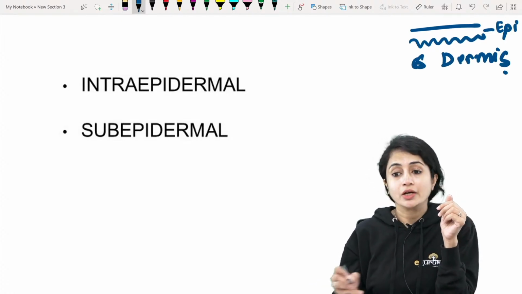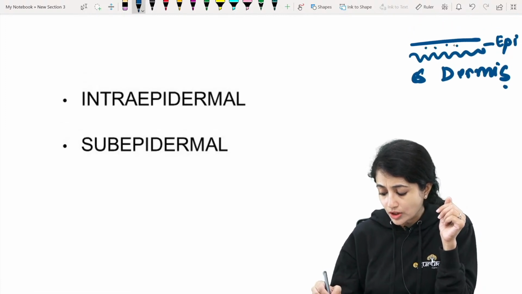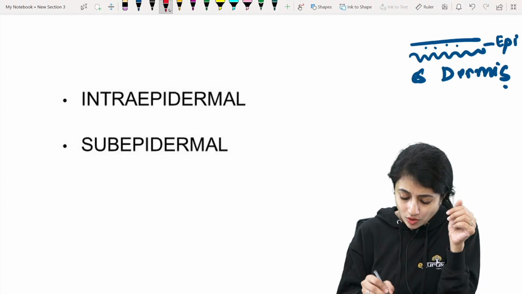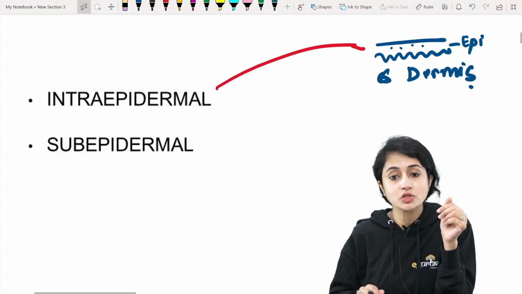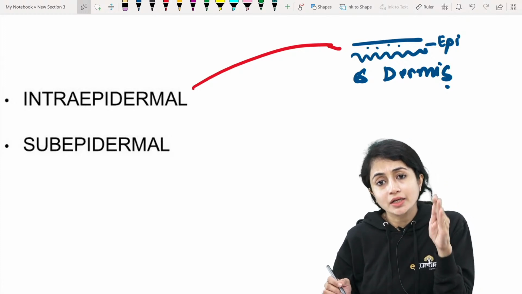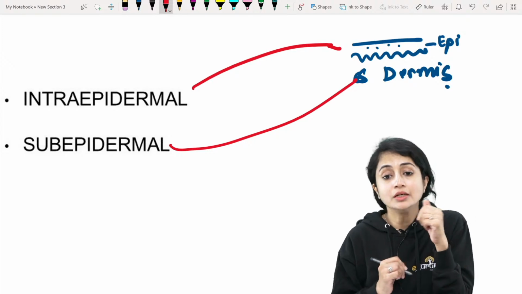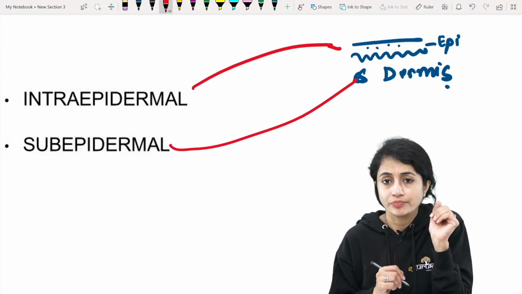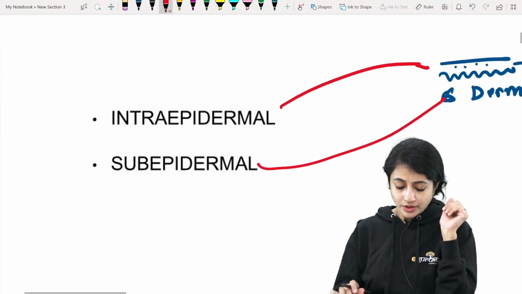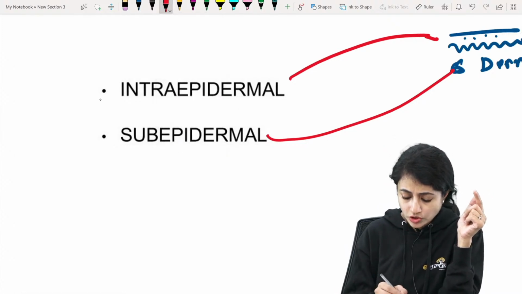So, if my autoantibodies are targeting the antigens in the epidermis, what I get is an intraepidermal disorder. Whereas if my antibodies are targeting the antigen below the epidermis, what I get is a subepidermal disorder. Clear? Broadly clear?